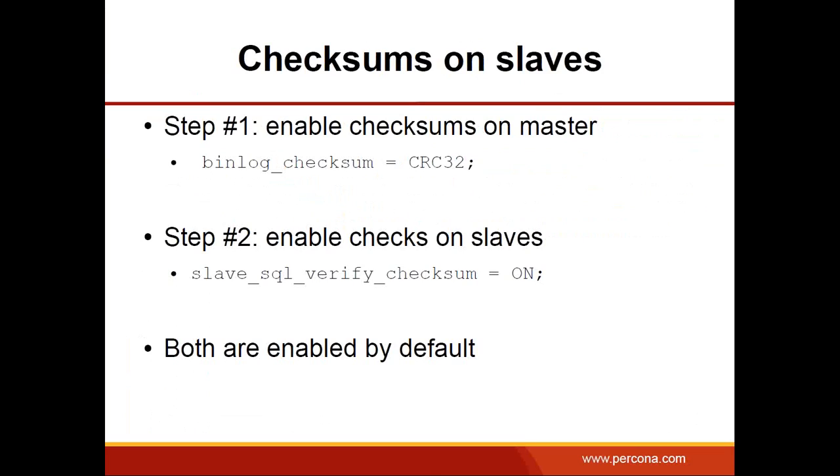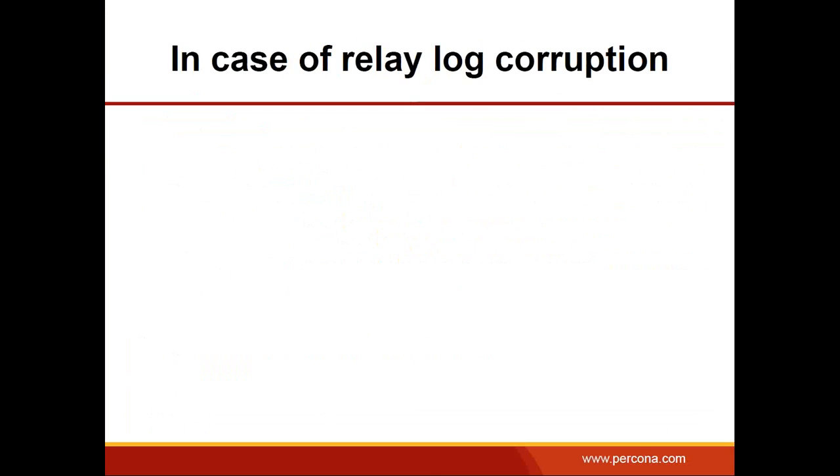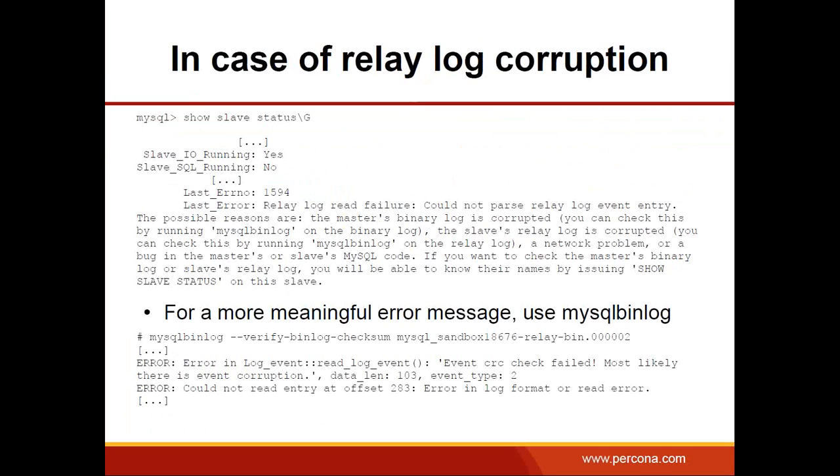So what happens when there is a problem? Let's say that you have relay log corruption. Then you will run SHOW SLAVE STATUS, and the good thing is that you will see in the Last_Error field that you have an error.